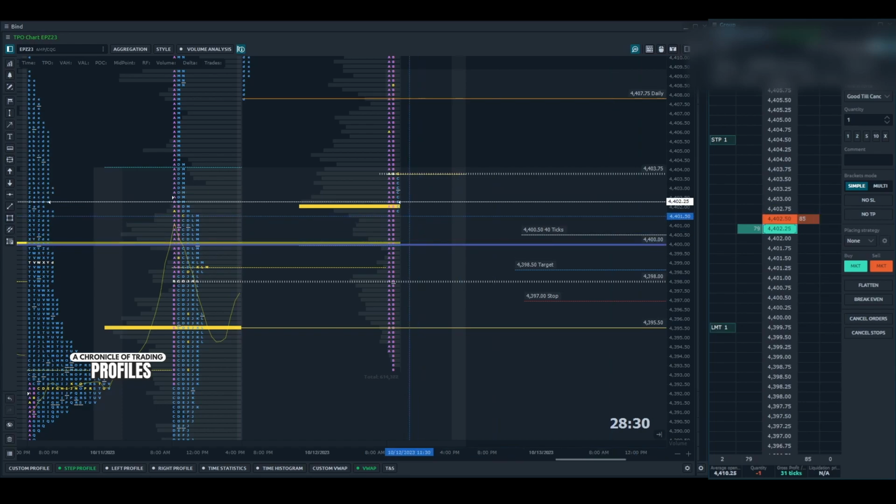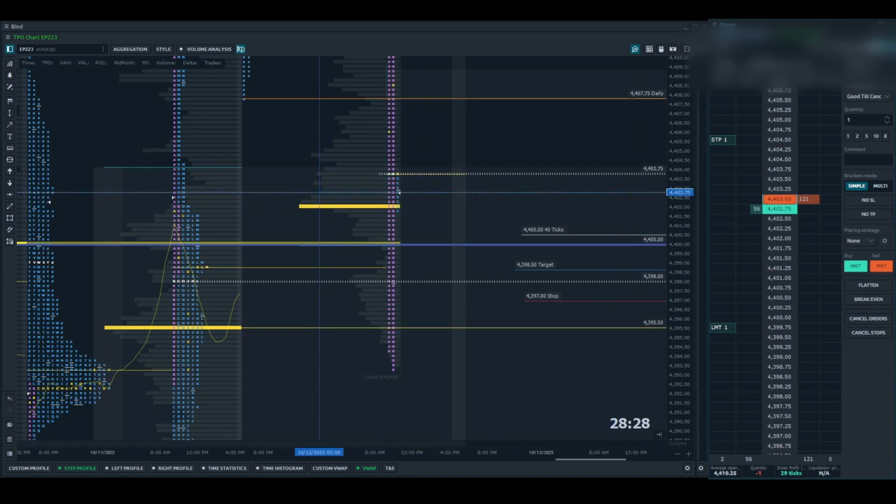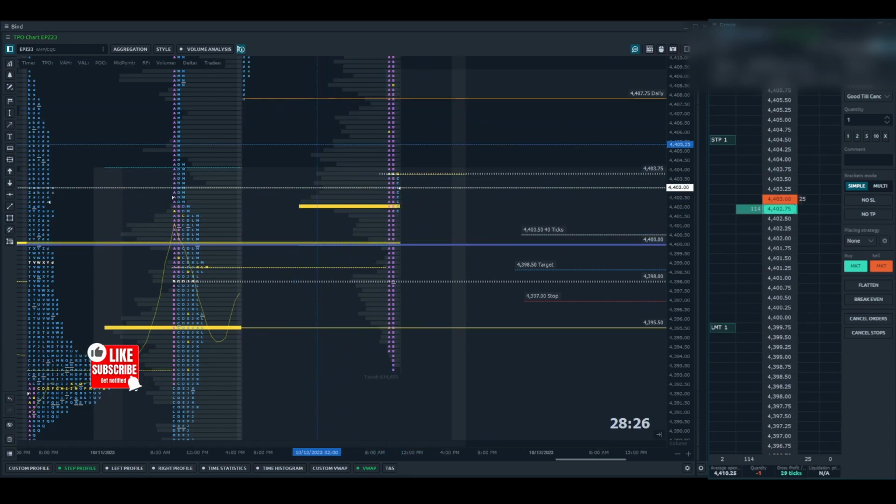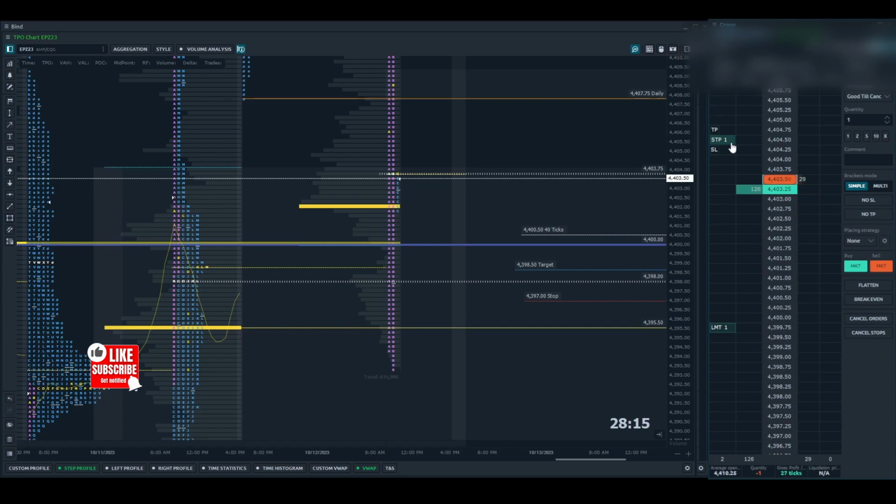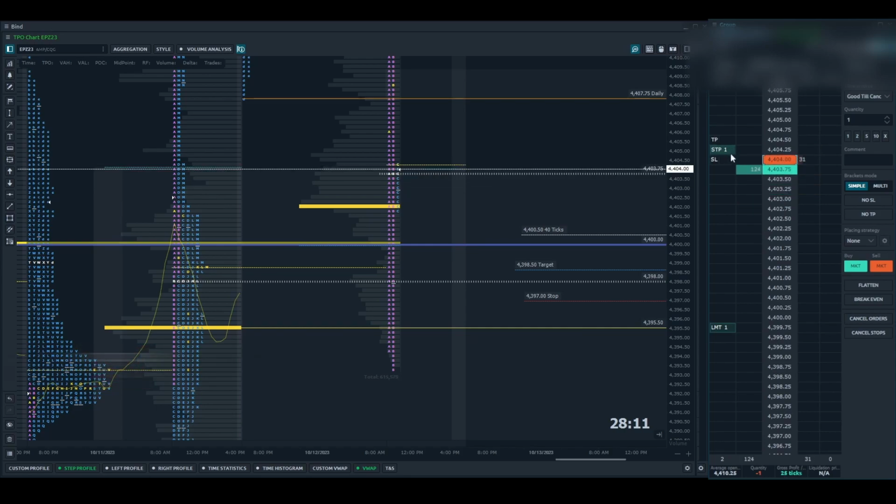Now we're up to 30 on this one. I'm just showing you there on the volume profile how ballooned out it is. You want to keep in mind what part of that profile you're in.